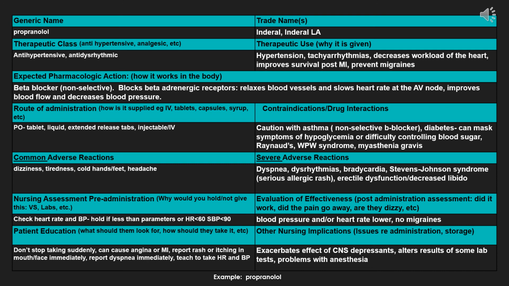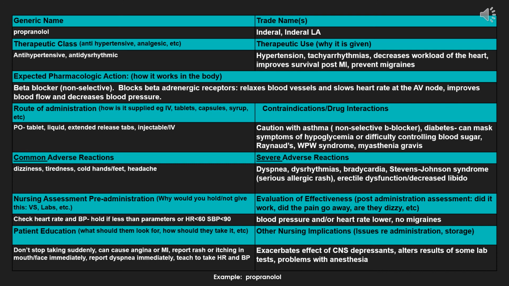The nursing assessment pre-administration. For this one, of course, you would check the heart rate and the blood pressure. You'll usually have parameters for those. And then in evaluating the effectiveness, you're going back up to why are you giving it, and looking at their heart rate, their blood pressure, their migraines, that sort of thing.